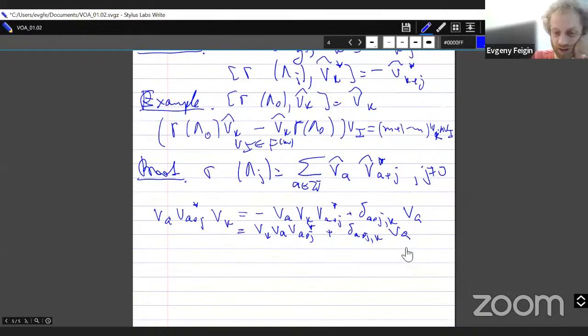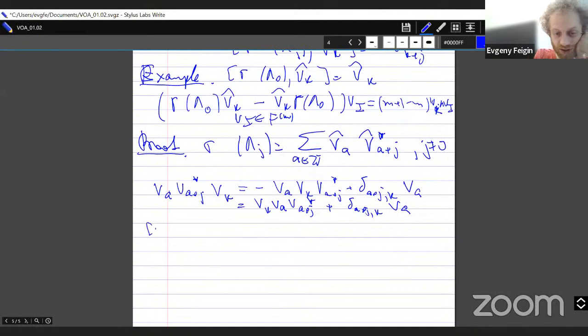Then the commutator of v_a v_{a+j} star and v_k hat turns out to be just one single v, corresponding to a+j equal k.